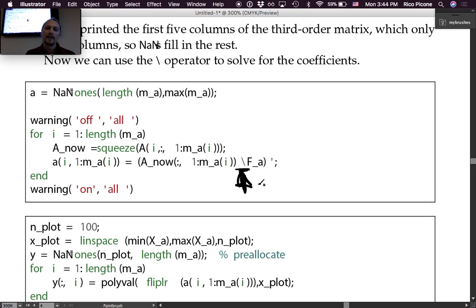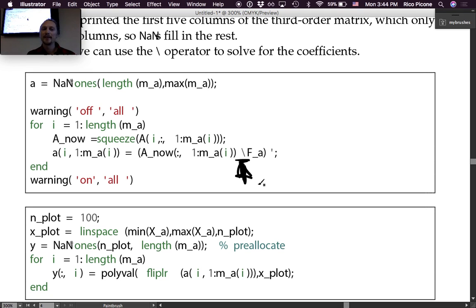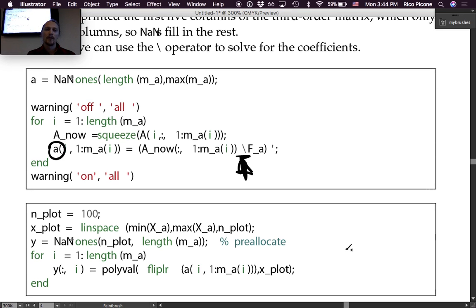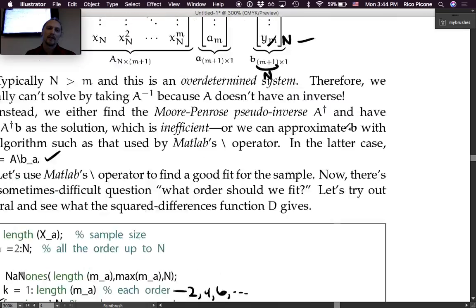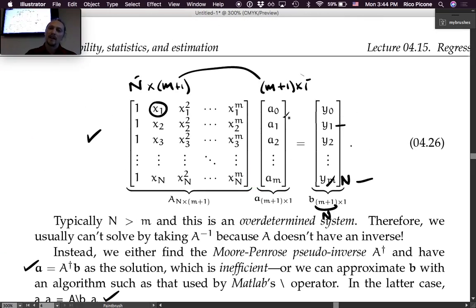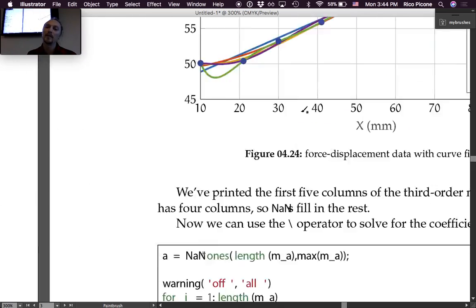And then I've got all my solutions in this little a, okay? So what I have are the coefficients. This little a are the coefficients, all these values. So I've estimated those for these different orders, right? Now I need to plot them.